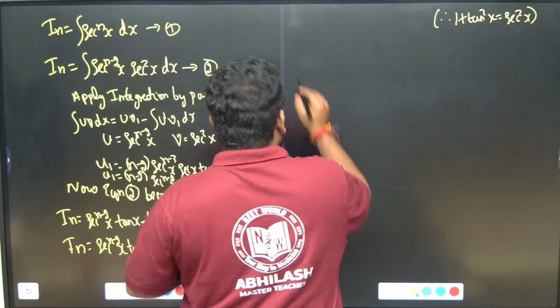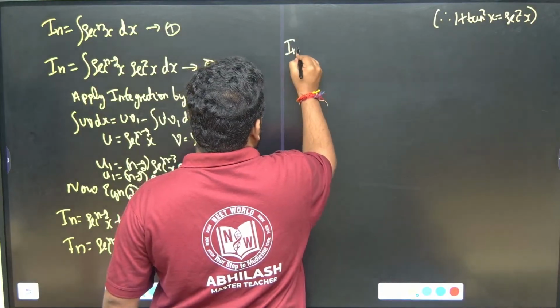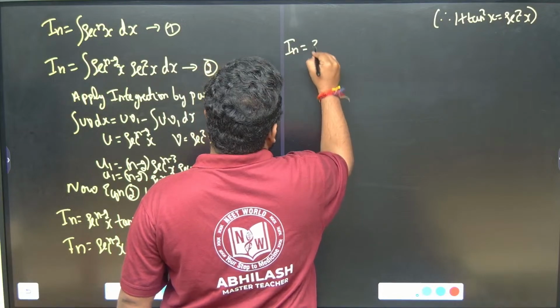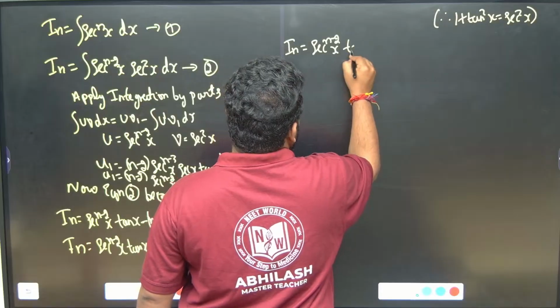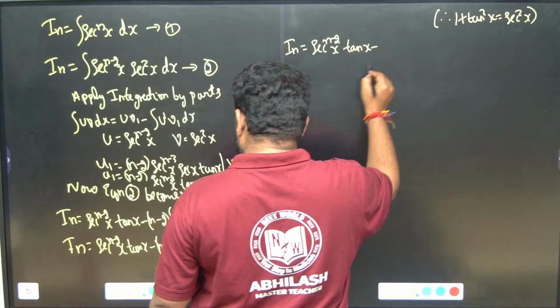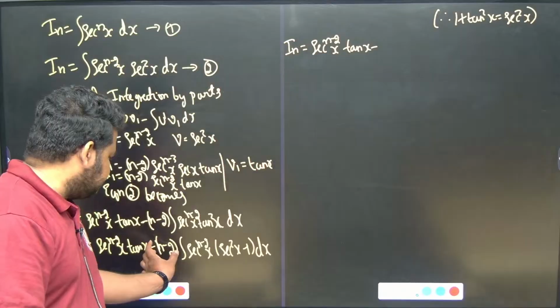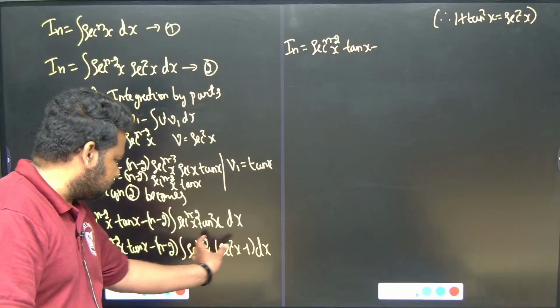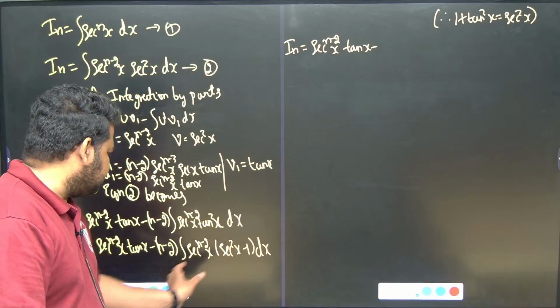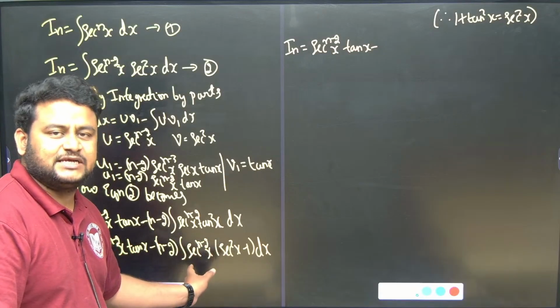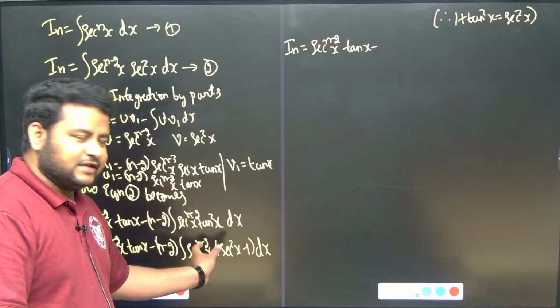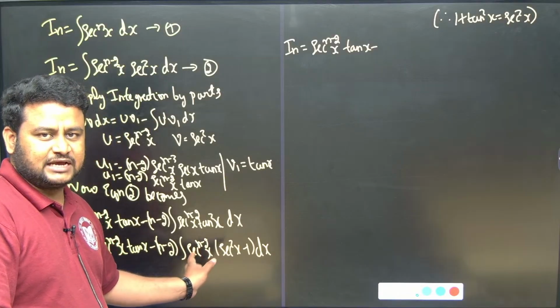Now In will become what, friends? In will become equal to secant n minus 2 x into tan x minus, we have to multiply this one, n minus 2 secant n minus 2 x into secant square x, like this we have to multiply. When I multiply this n minus 2 into secant square, I will get what? Secant n x, n minus 2 plus 2, minus 2 plus 2 will cancel, I will have only n.